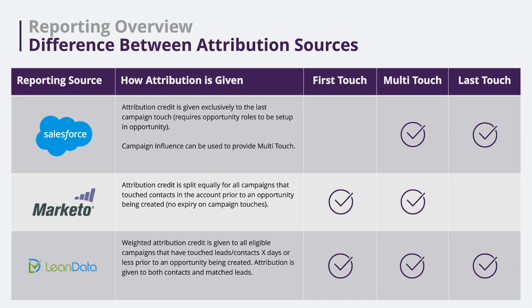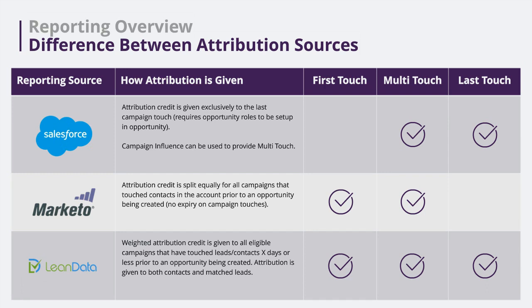In Marketo, they really try to provide the other side of the coin of Salesforce. Here we get multi-touch, but we also get first touch attribution, which Salesforce doesn't provide. For the multi-touch in Marketo, we always have an equal split of the credit where there are multiple touches.